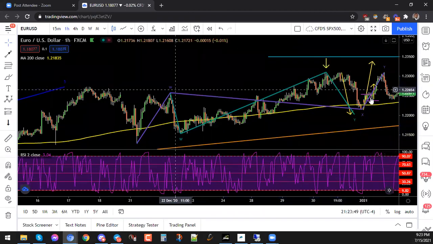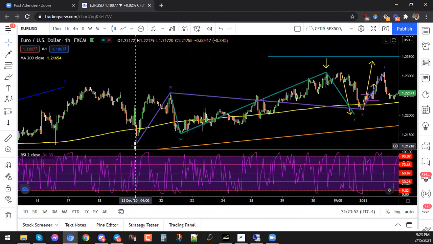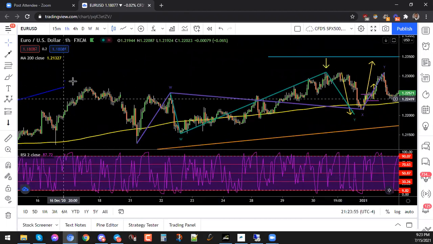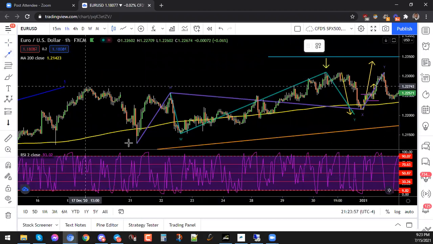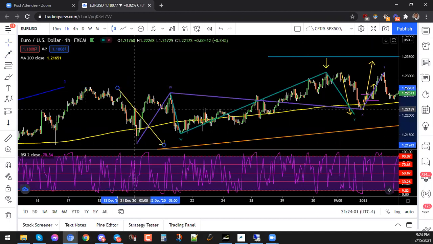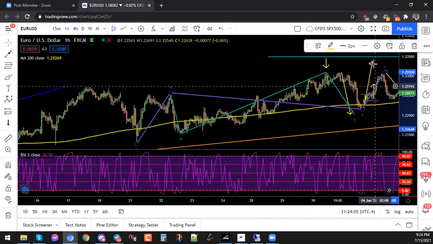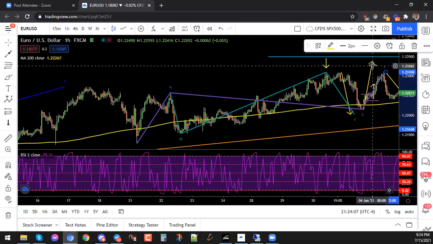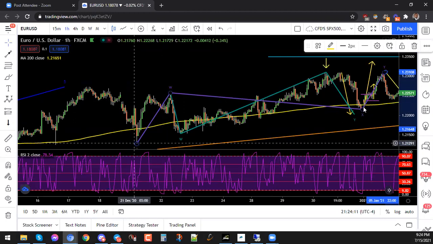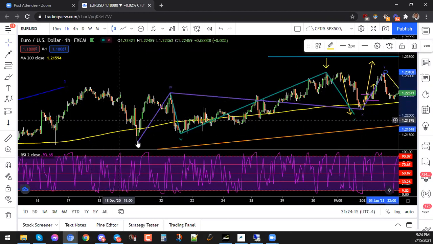Right, so this would be 1, 2, 3. And this wave down is what we would expect next. Okay, so let's just outline this wave. Right, so we'd expect this wave down next if this is the current wave that we're looking at. If this wave is completed here, we're looking for the next wave.